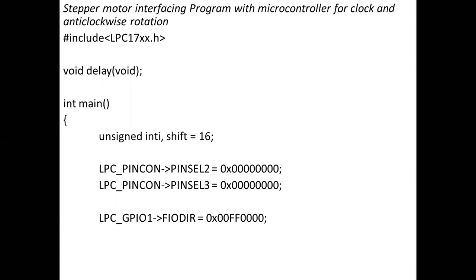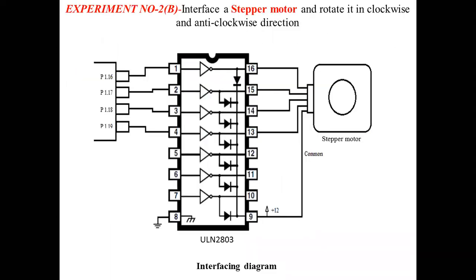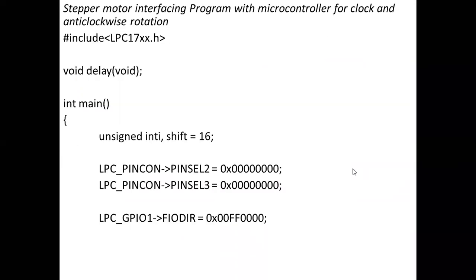Here I am using the pins from where to where? In this block diagram you can observe 16, 17, 18, 19. So those pins I need to configure, right? Because of that reason, in the program you can observe the shift value they have taken. I'll explain why. This is your stepper motor program, and this is the header file and prototype declaration, unsigned integer i, and shift value 16.